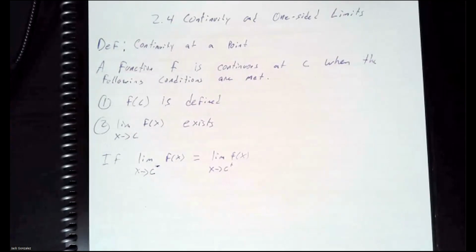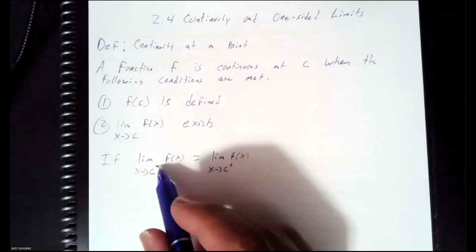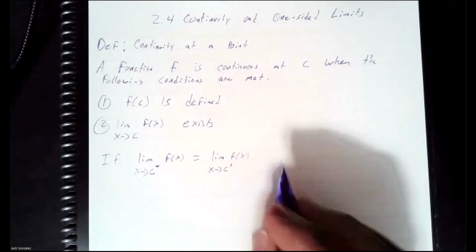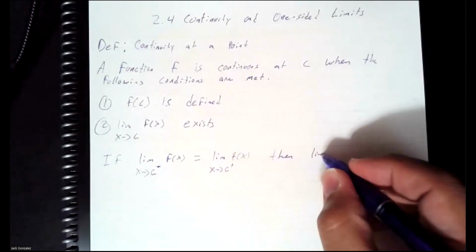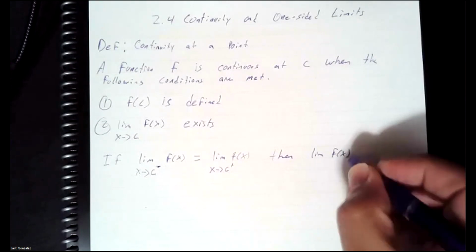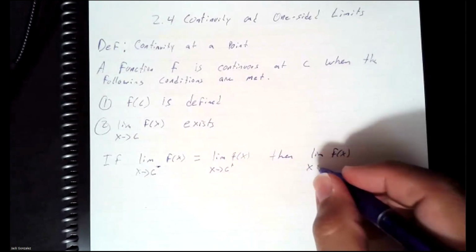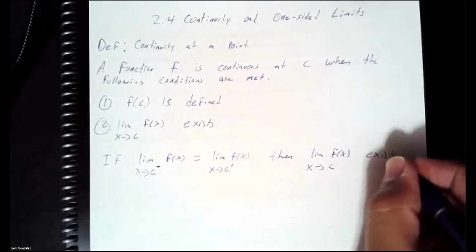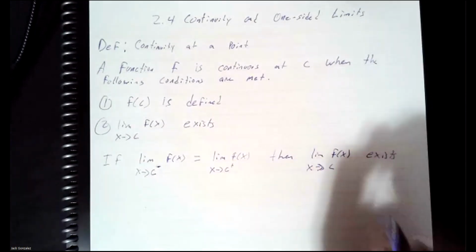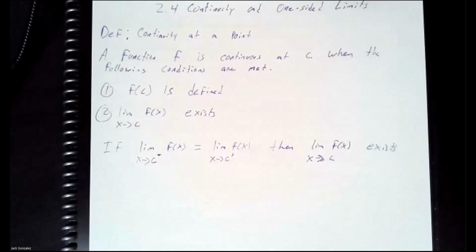So if they're equal, left side meaning the negative side, right side the positive, then the limit of f of x as x approaches c exists. Okay, that's what I mean by number two.